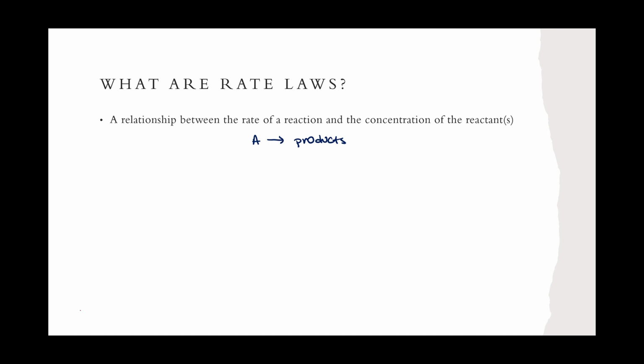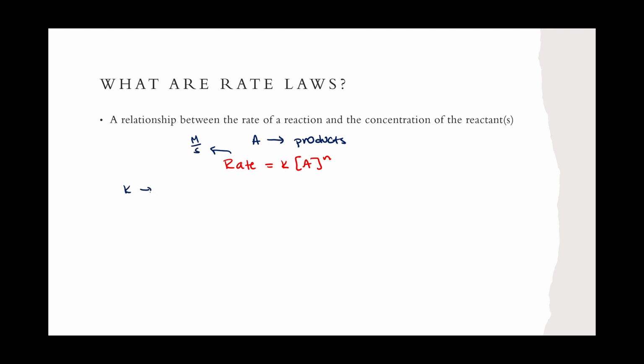I'm going to write just the general format in red. All right, and we'll go ahead and define what each of these terms are. So rate we know, that's just the rate of the reaction. It'll have units of molarity per second.